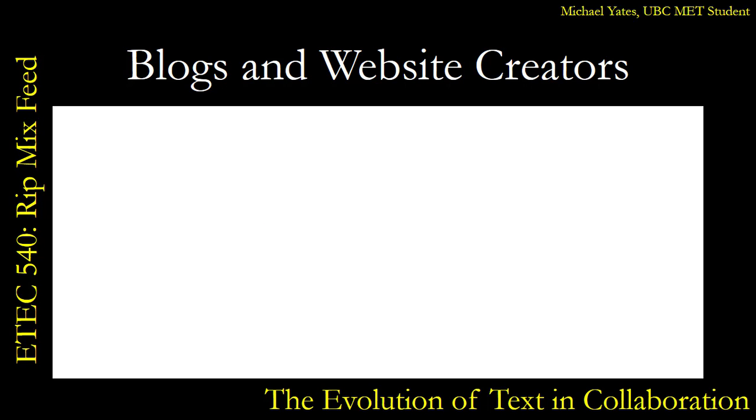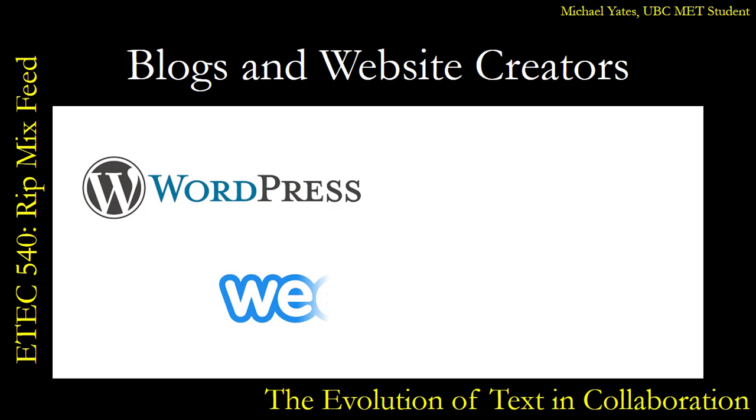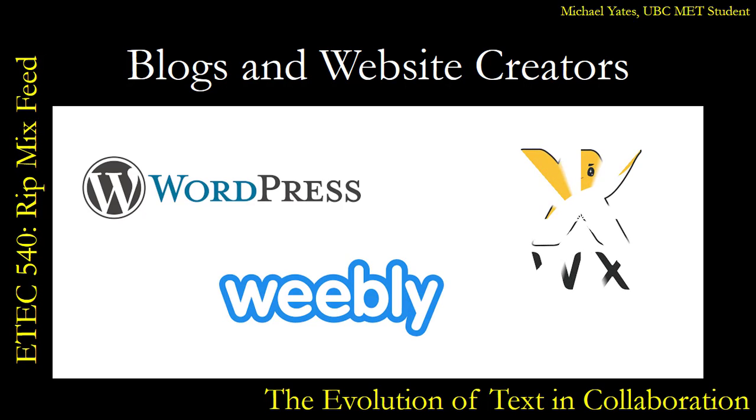Another thing is blogs and website creators. This is all text. It's hypertext markup language. It's using text online, and these people are creating content in a text-based, hypertext-based environment. There are a couple of things that can do this, but I'm only going to look at three of these: WordPress, Weebly, and Wix.